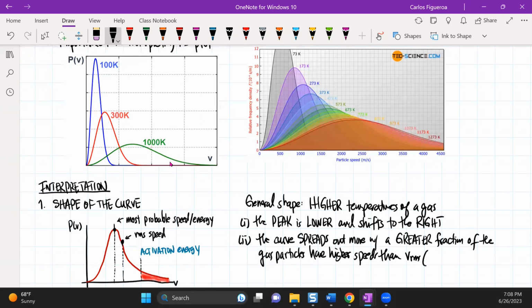So what you're going to find here is the speed of the activation limit is typically much, much bigger than VRMS. That's what that curve is really telling us.